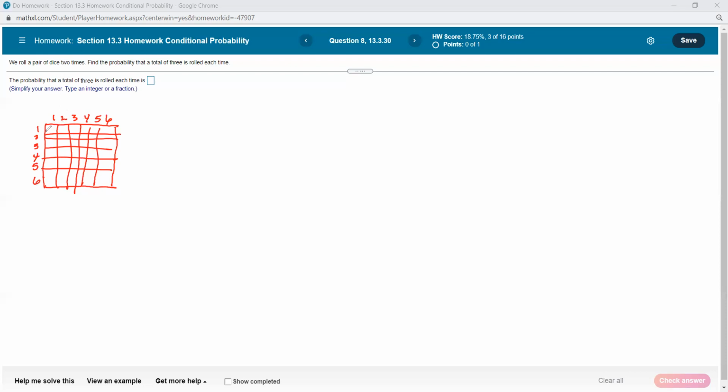How many ways can you roll exactly a 3? It actually has to either be a 1 and a 2 or a 2 and a 1. 2 of these 36 would give us a 3. So the probability of rolling a 3 is 2 out of 36 or 1 out of 18.